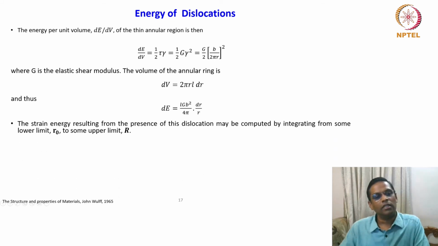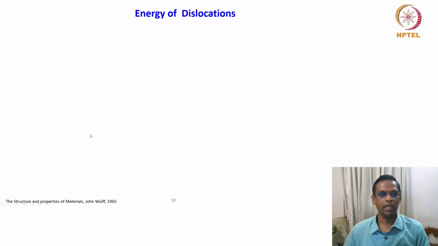The strain energy resulting from the presence of this dislocation may be computed by integrating from some lower limit R naught to some upper limit R. You see, we are looking at the cylindrical annular system, but we have not fixed the R. So, to calculate the strain energy resulting from this kind of dislocation, the R can be varied from R naught to capital R. So that is the idea.